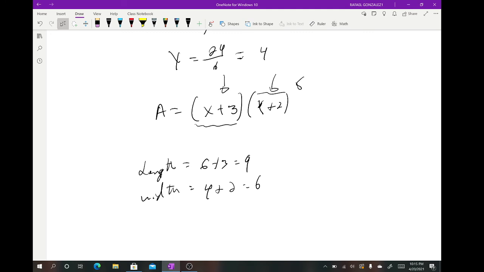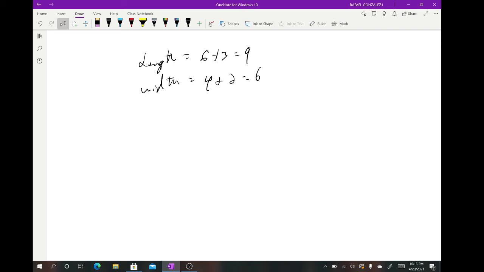And that is honestly how all of these maximization and minimization problems go. The most important and the most difficult thing of all of these problems is correlating the variables with an equation. That is something that you will need to get good at.